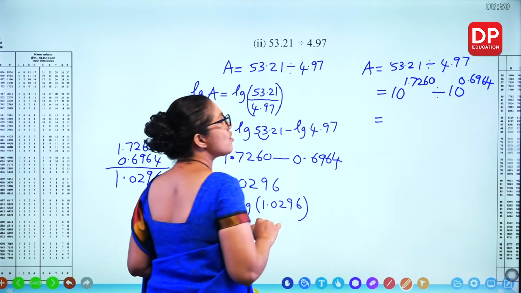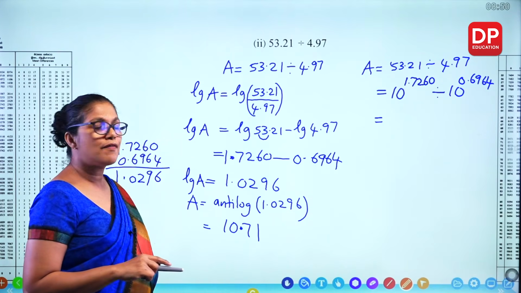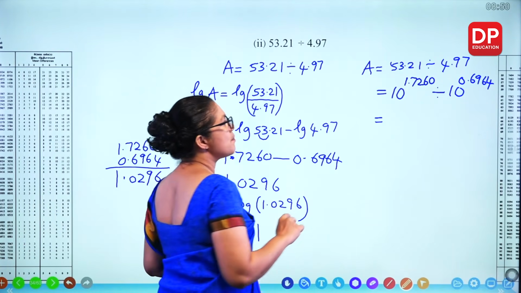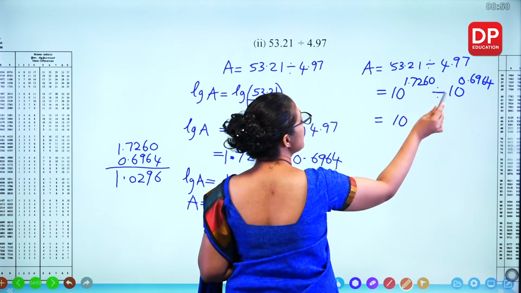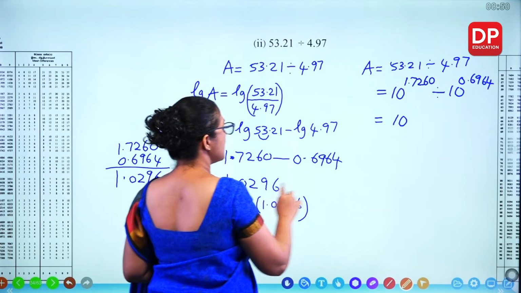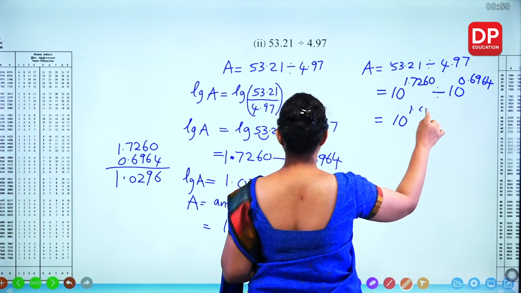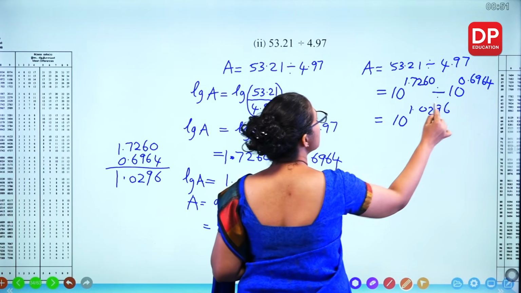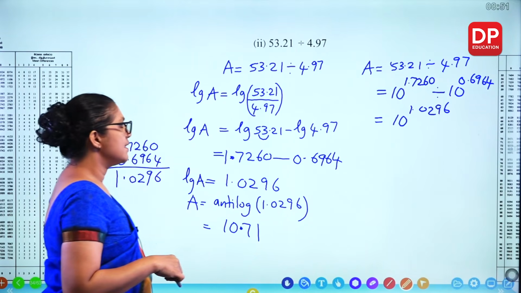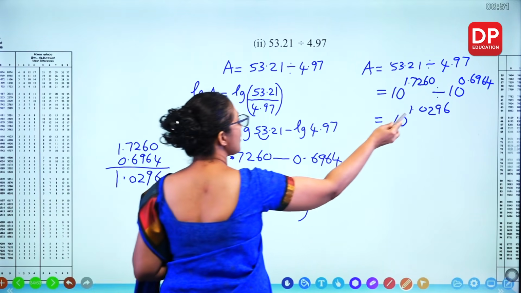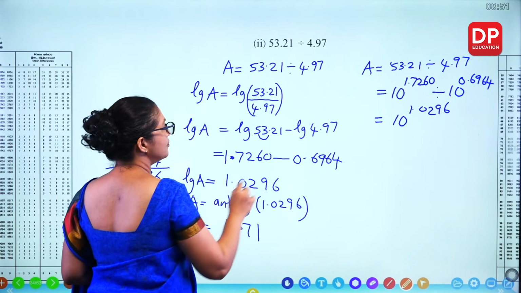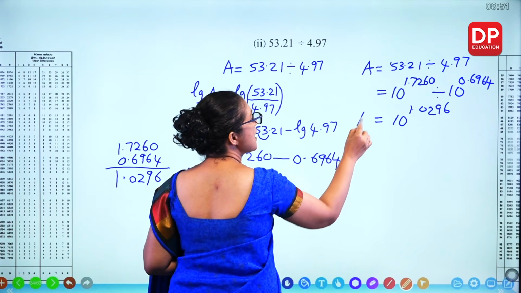Now use laws of indices. Same base, different powers, division. You subtract the powers. When you subtract the powers, you get 1.0296. Then take the antilog value, because A is this one.